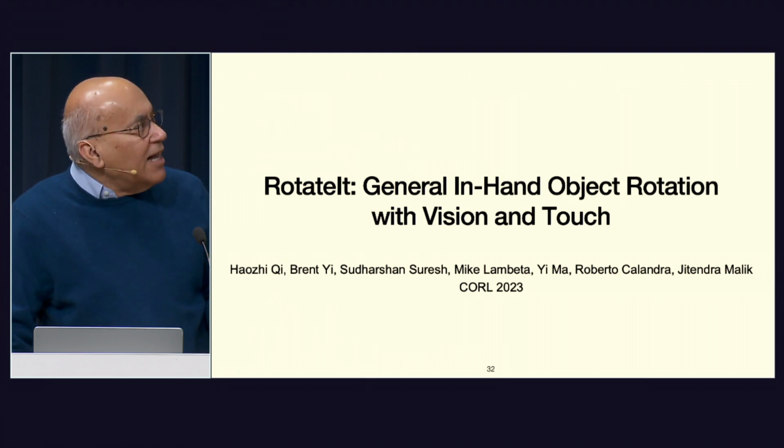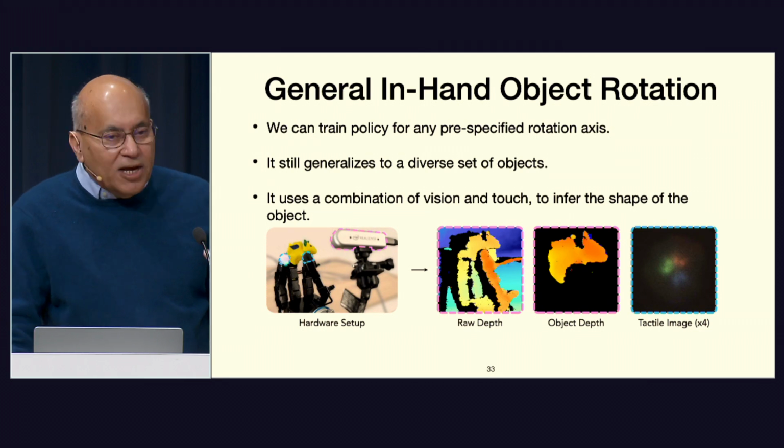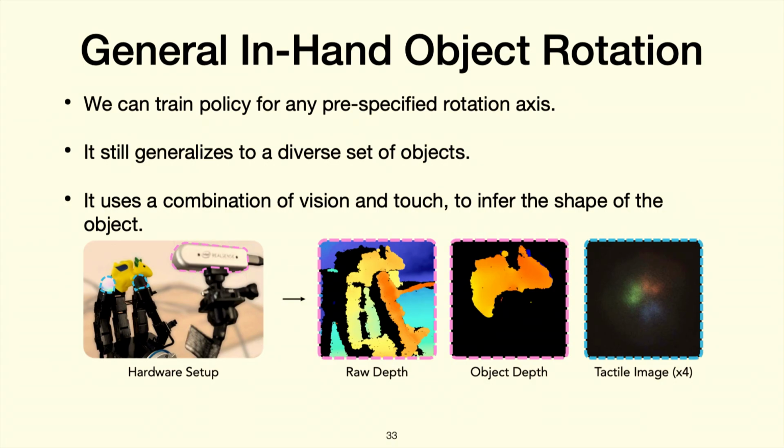Okay, but I'll illustrate with this paper, which is on doing the following problem: rotating an object in the hand. And I think it's a beautiful problem because it's a dynamic problem. It's not just quasi-static, and then it becomes challenging if you consider different axes of rotation. And how we did this was using both vision and touch.